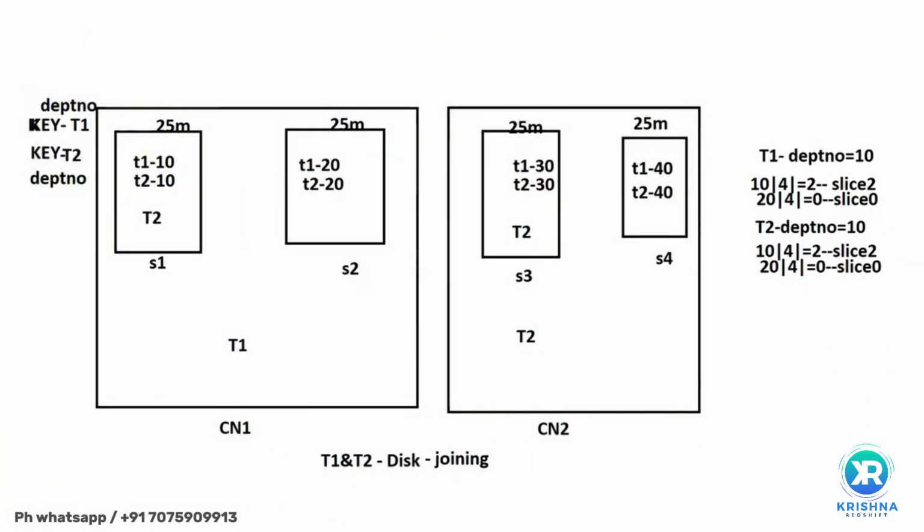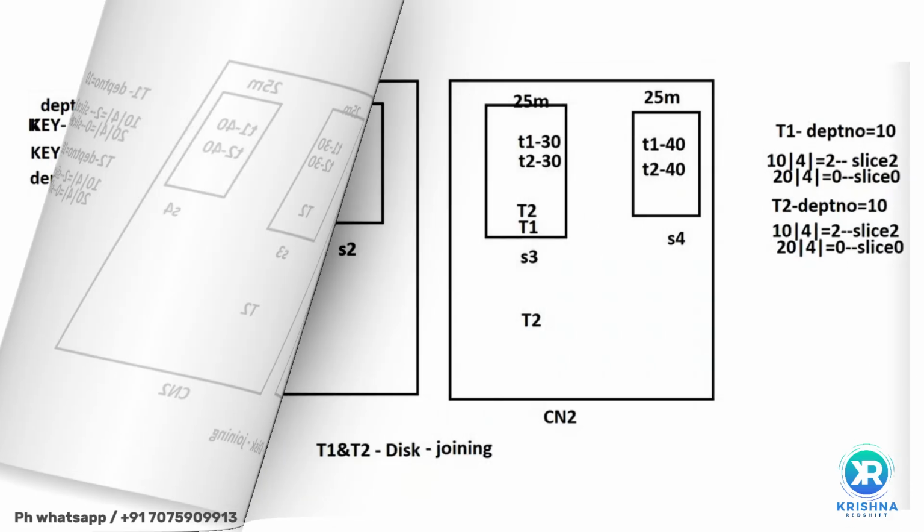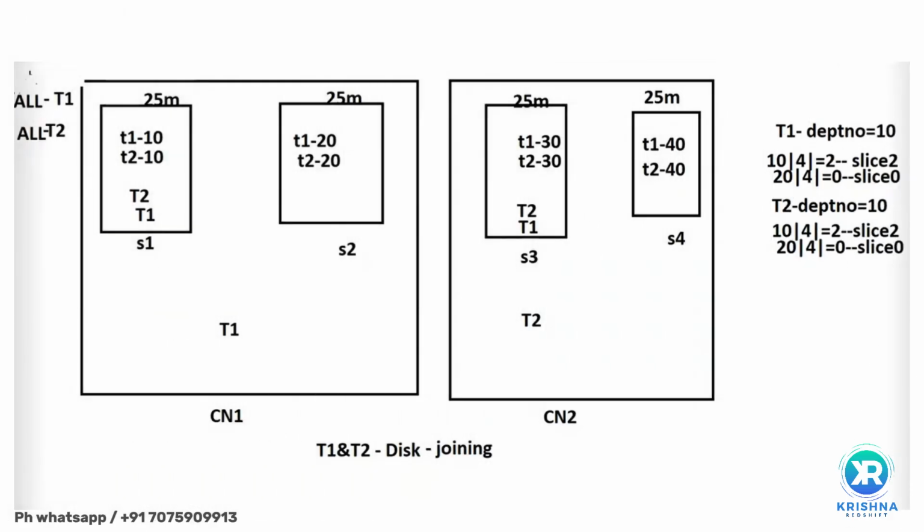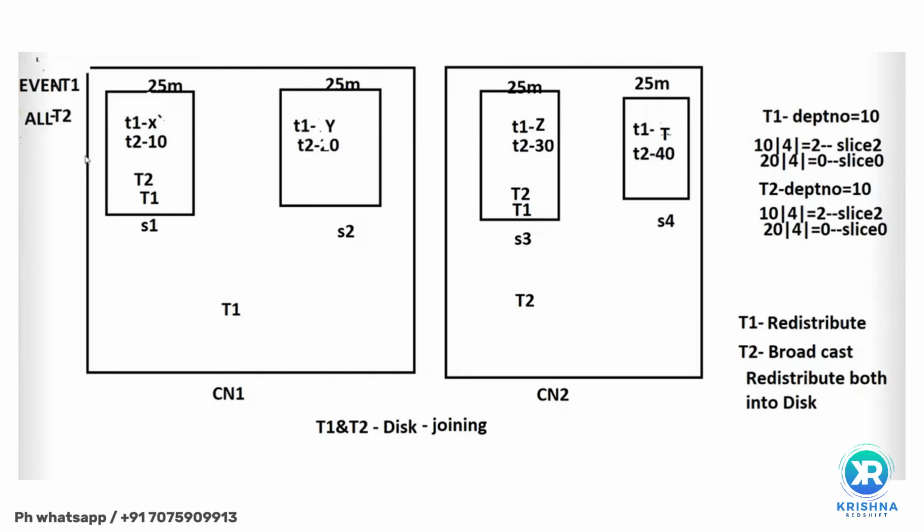For example, you see these diagrams. Distribution style one: table one has key, table two has key. Distribution style two: table one has all, table two has all. Distribution style three: table one even, table two all.